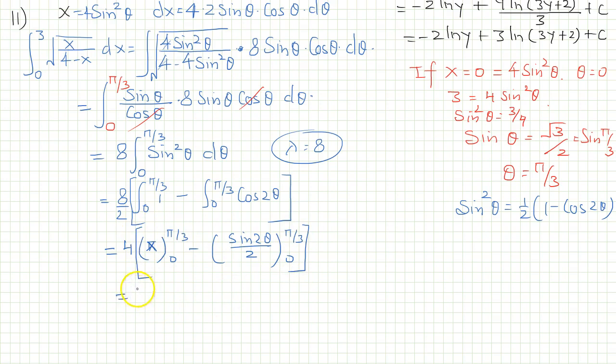So that is equal to 4 times (pi over 3 minus 0), that is pi over 3, minus half sine 2 theta. Sine 0 is 0, so the only value we will have is sine 2 pi over 3.